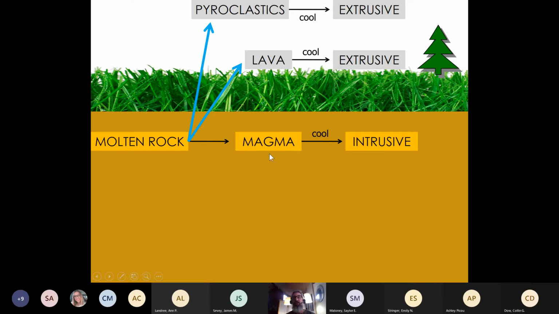So this leads to different cooling rates, and different cooling rates lead to different rock textures. So they don't look the same. They look really, really different. So where they cool leads to differences in cooling rates, which leads to differences in texture. And that's it kind of summed up, but of course we're going to look more closely than that.